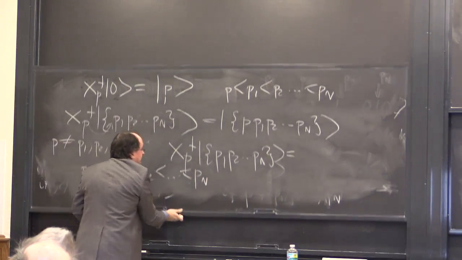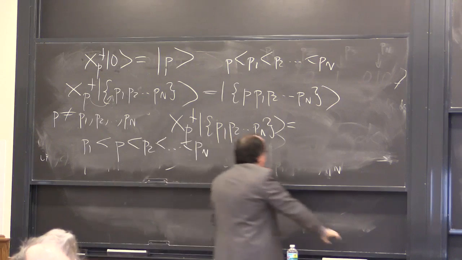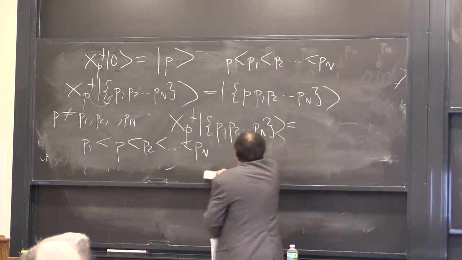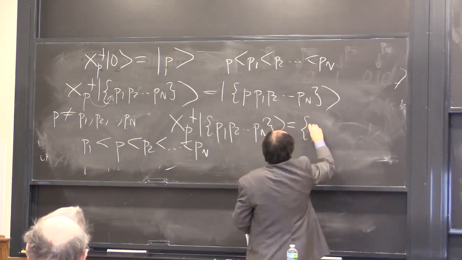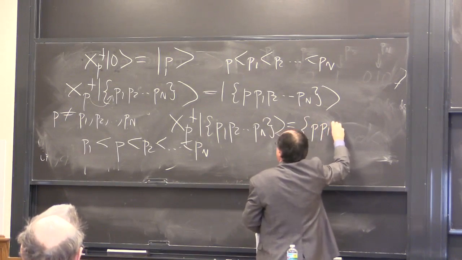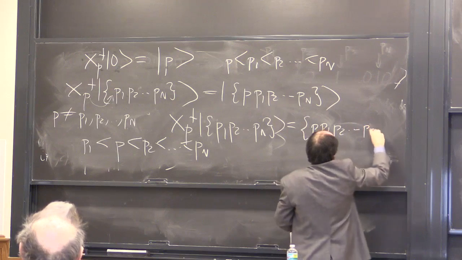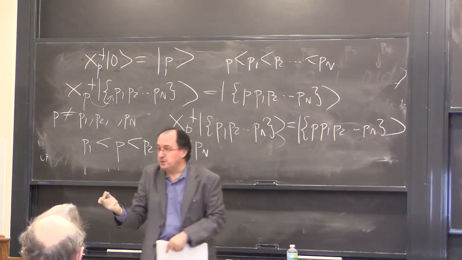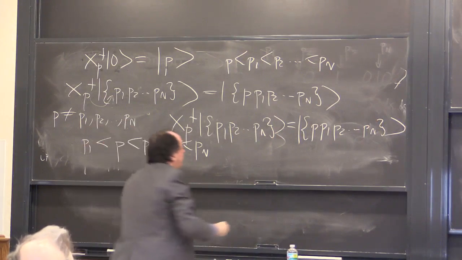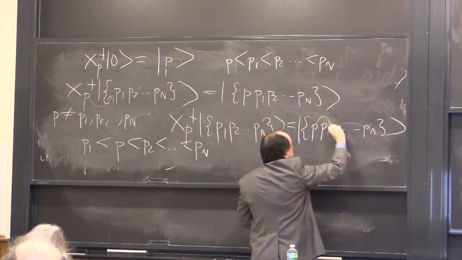When this happens, the first step is to add that p in front. So you're going to have p, p1, p2 up to pn. And then, since p is supposed to be between p1 and p2, you move it there. You simply permute these two and put it right here.